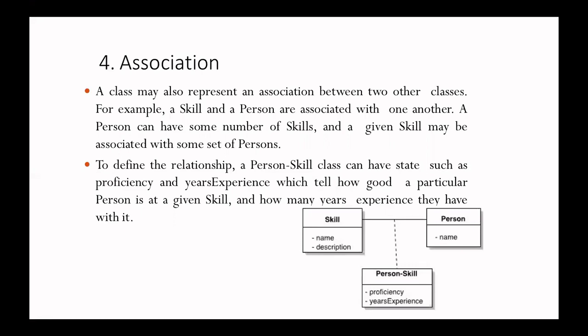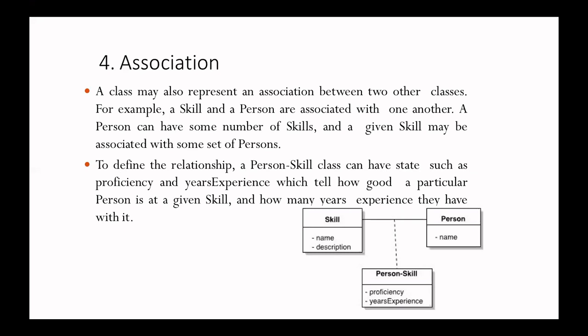To define the relationship, a person skill class can have state such as proficiency and years of experience, which tell how good a particular person is at a given skill and how many years of experience they have with it.